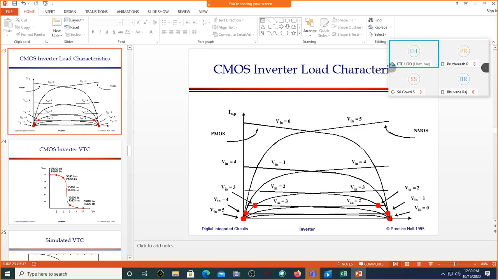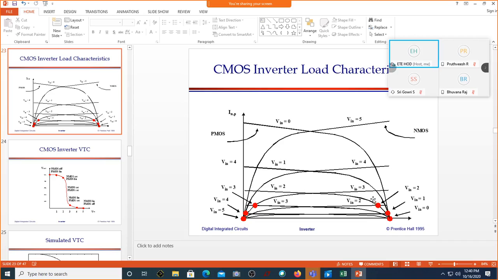Can you see here, at 0, is it 0 current? Till what input voltage? 0.5. And between 4.5 and 5 the current is 0. After that, when the input voltage increases slightly beyond 0.5, one of them is in linear and the other one is in saturation, but both currents are small.